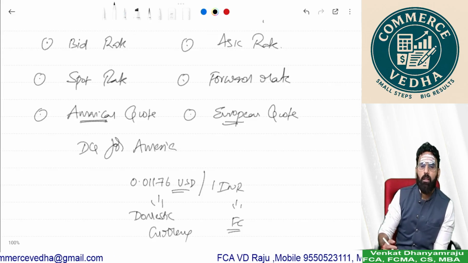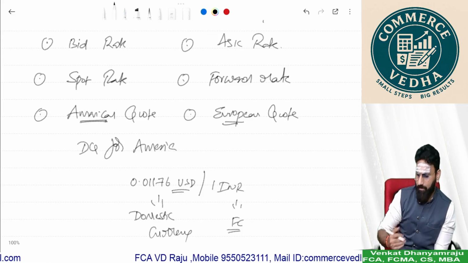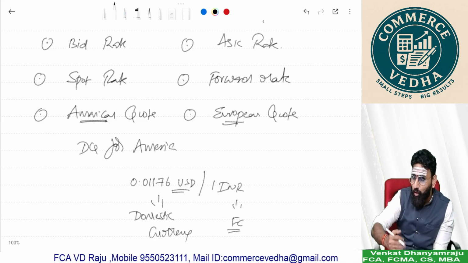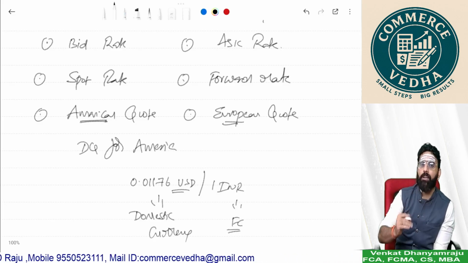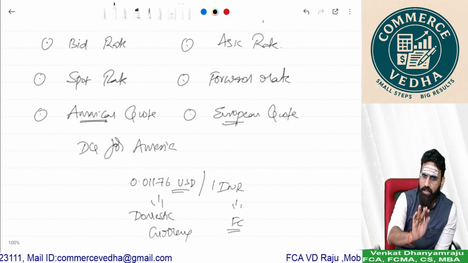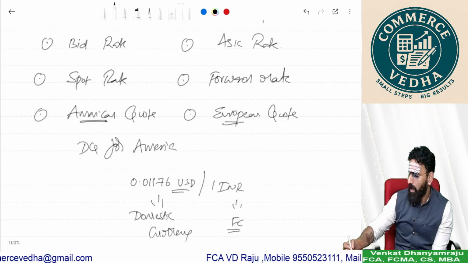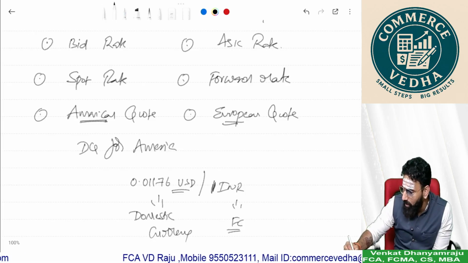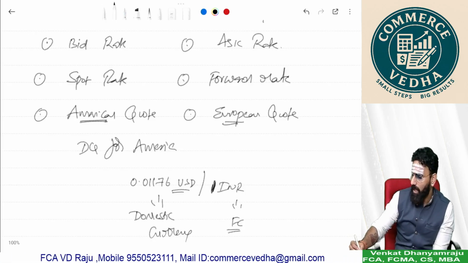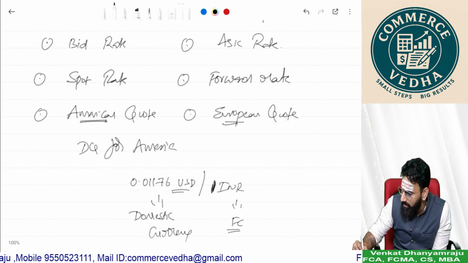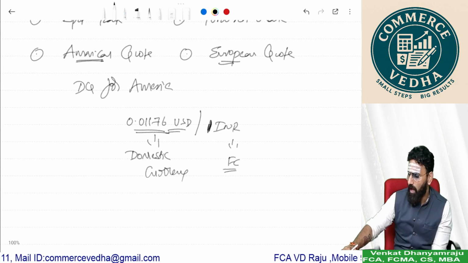American quote is quoting in dollar terms how many dollars to be paid for purchasing 1 unit of foreign currency. So to buy 1 rupee I should pay $0.01176. This is called American quote.